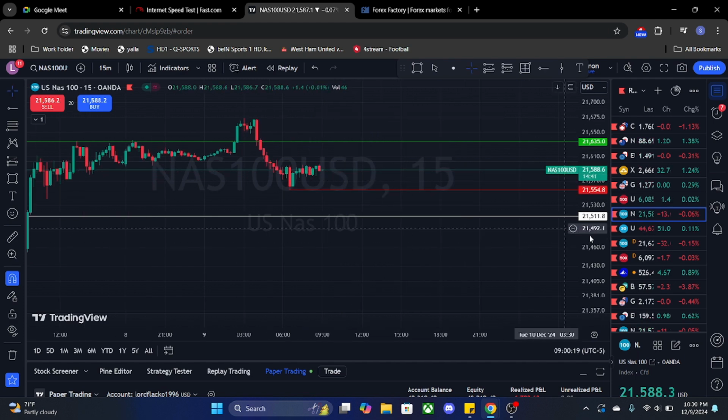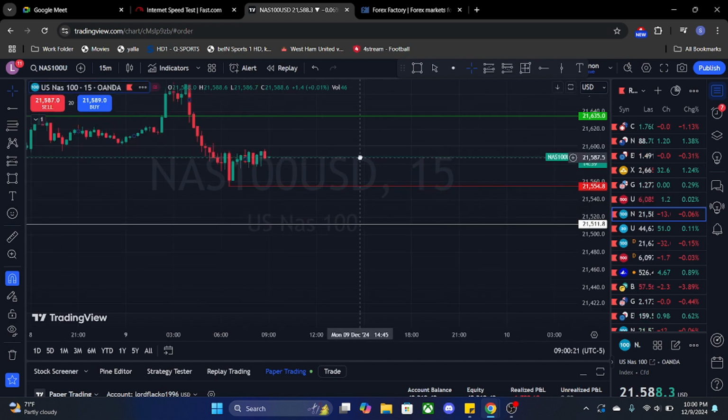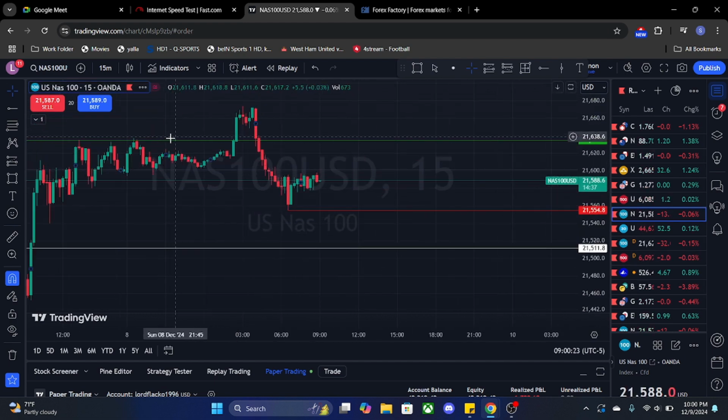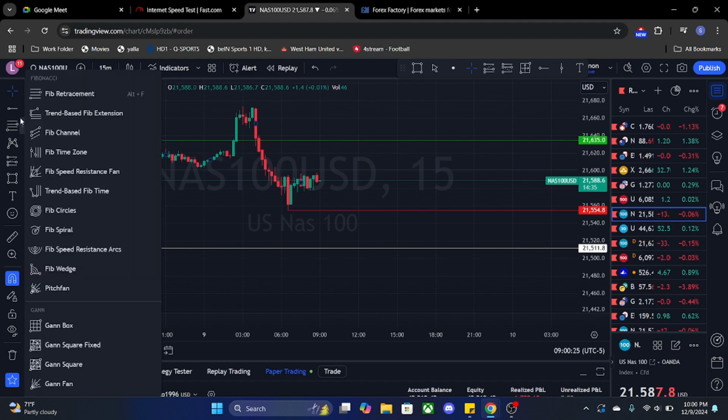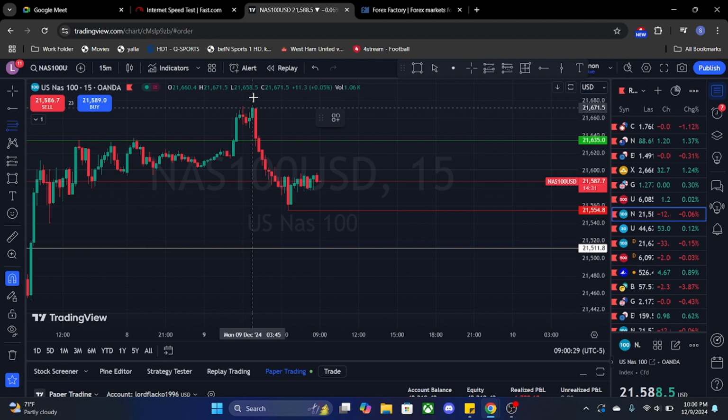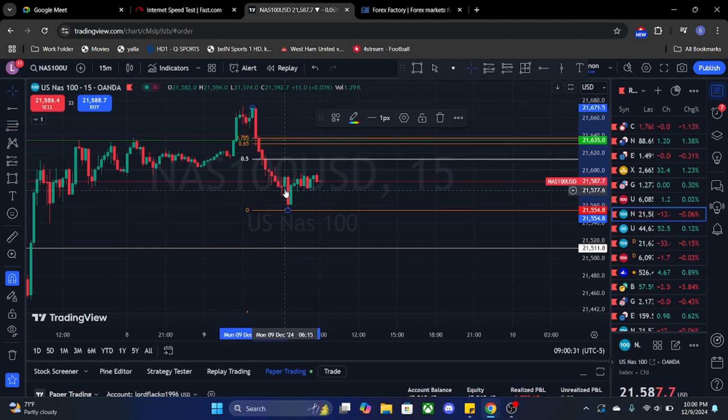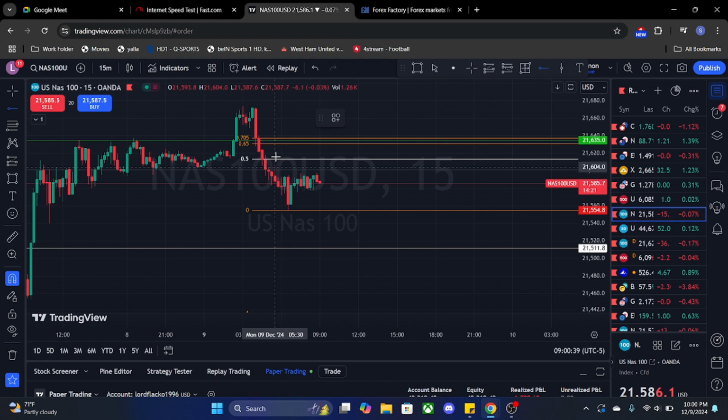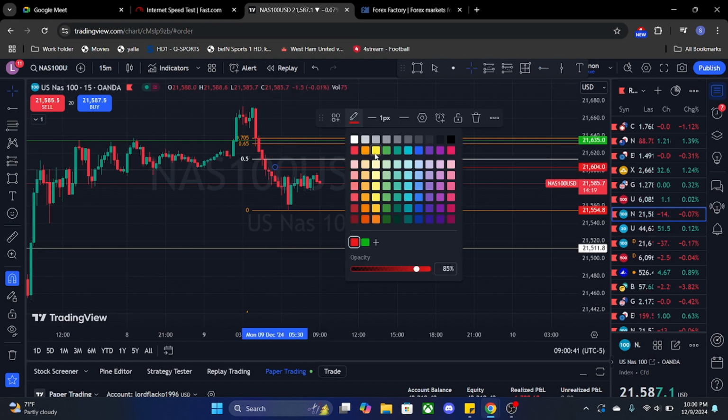And then over here, this high, because it looks like a swing, would be my buy side liquidity on this swing high.